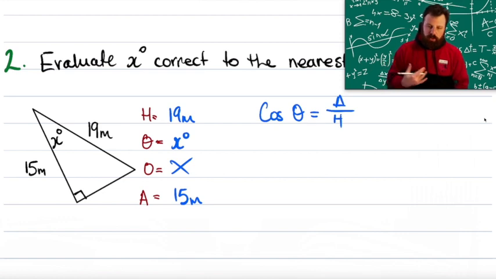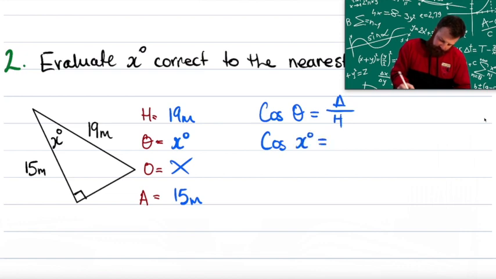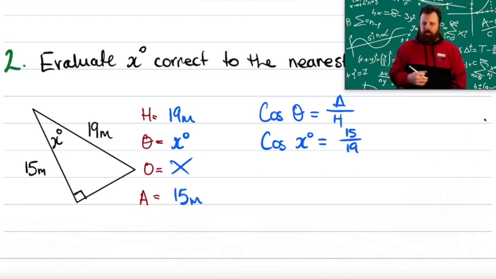Now we substitute the information that we identified from our triangle so that we know that cosine of x degrees is equal to 15 over 19. Remembering at this stage here, we need to bring the cosine across to get x by itself, and we're going to use that inverse cosine button.